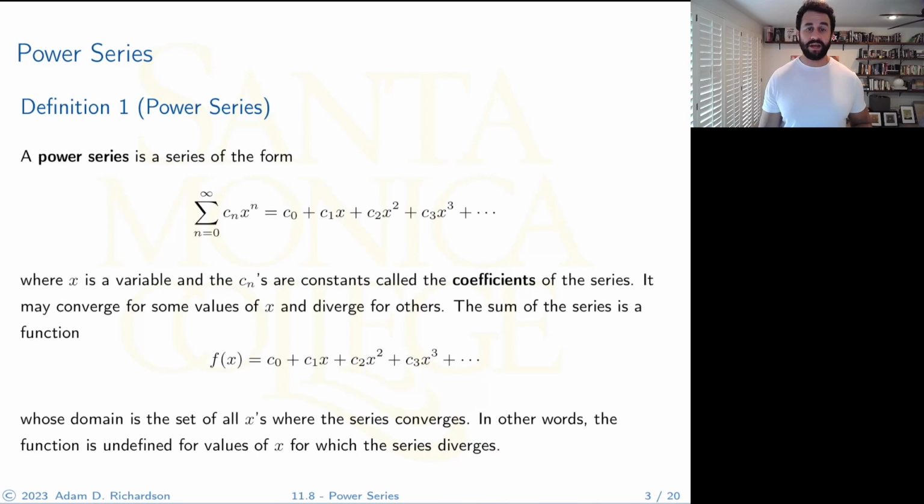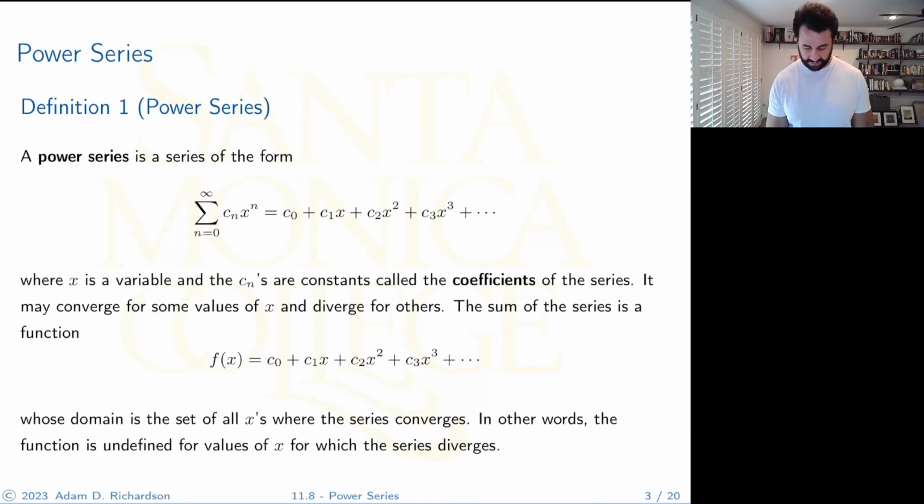So what is a power series? A power series is a series of this form, just like that. Here's what it looks like in expanded form. Here, x is a variable, and the c sub n's are constants called the coefficients of the series.